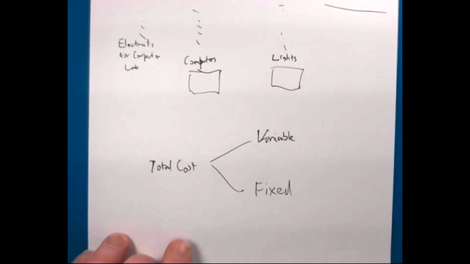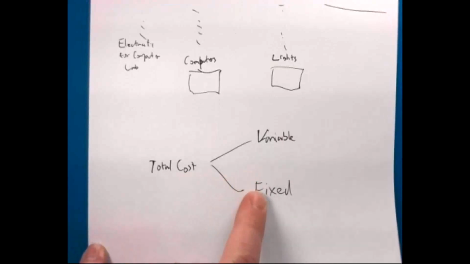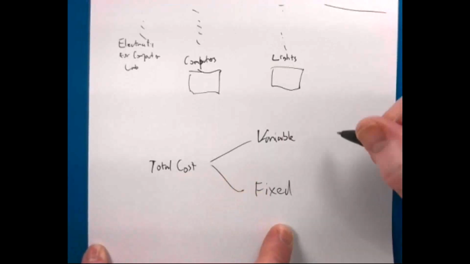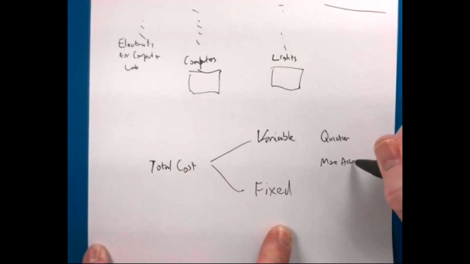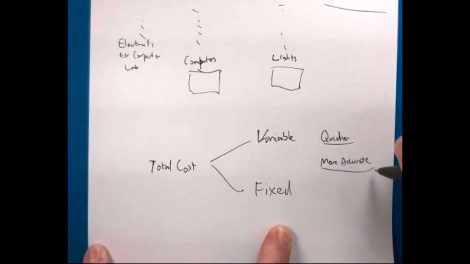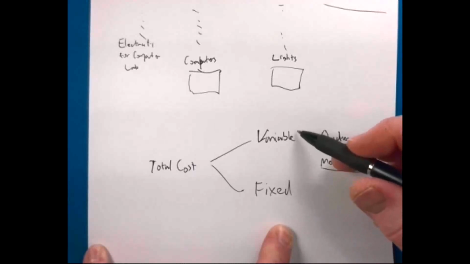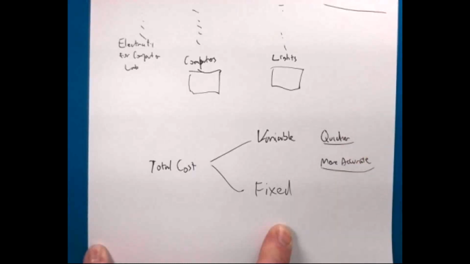Nobody. And not only is it much quicker, but it's also usually more accurate, because something that you might think is one might really be the other. Something you think is fixed might really be variable or vice versa. So if you work from the total cost, you can eliminate those.